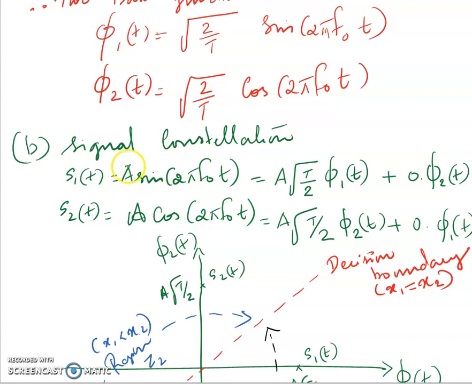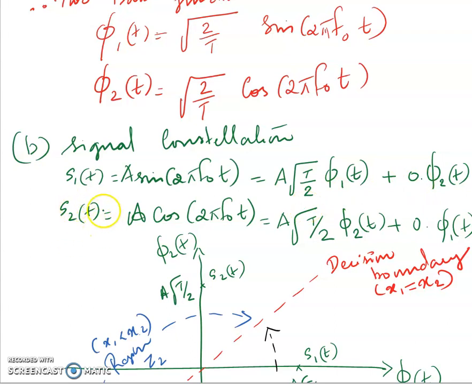So the remaining is A into, here you have to multiply with root T by 2, because root 2 by T is required in order to write the term as phi 1. So you have to multiply it with root T by 2. A root T by 2 into phi 1. What about the component of phi 2? Here there is no component of cos, so the phi 2 component will be 0.